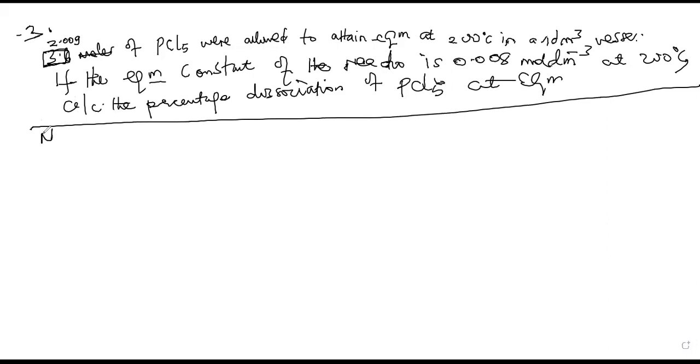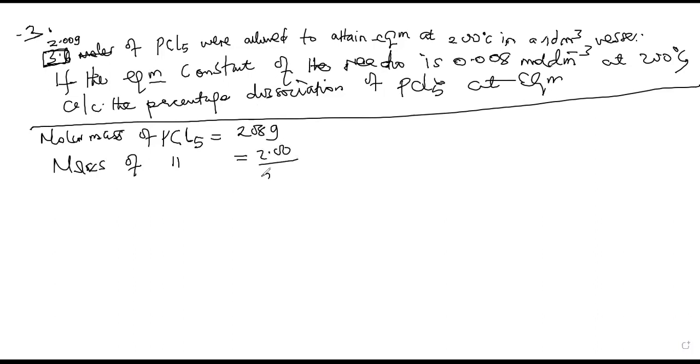We have been seeing that the molar mass of phosphorus pentachloride, you have to show us the working, but let me quote it, is 208 grams. So moles of PCl5 before equilibrium is going to be 2.00 over 208, which is 0.009615.